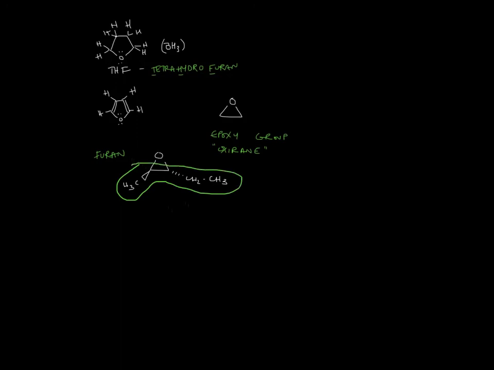We would number it 1, 2, 3, 4, 5. So we would call this a pentane, and the substituent would be an epoxy. So in this case we would have a 2,3-epoxypentane.